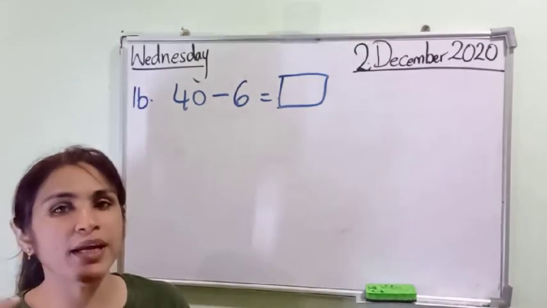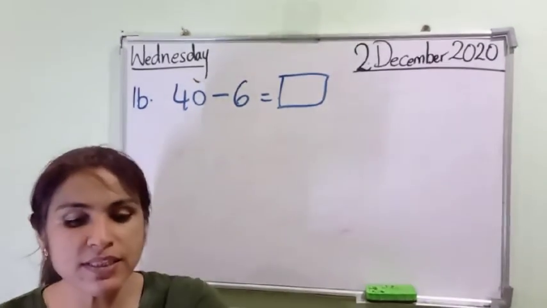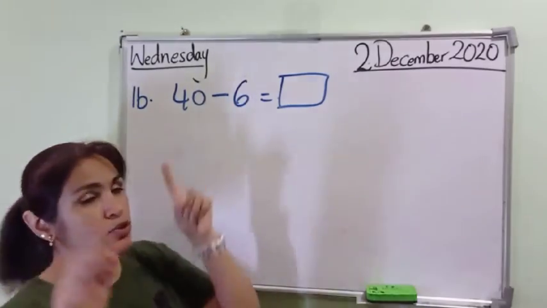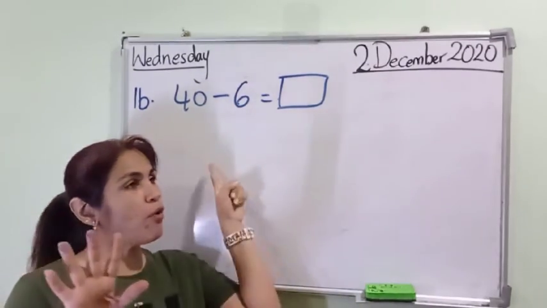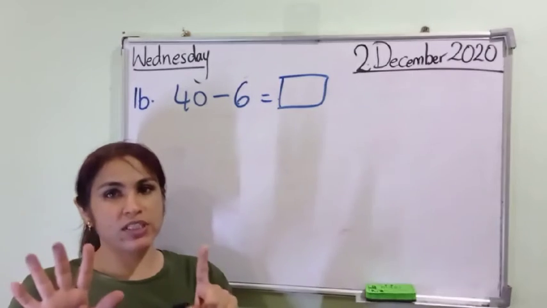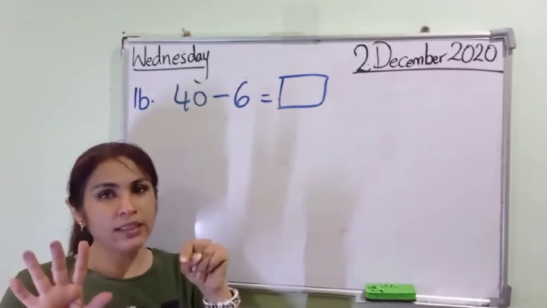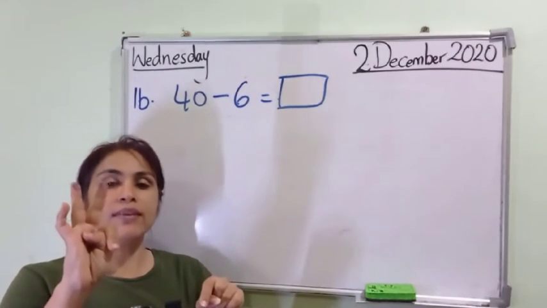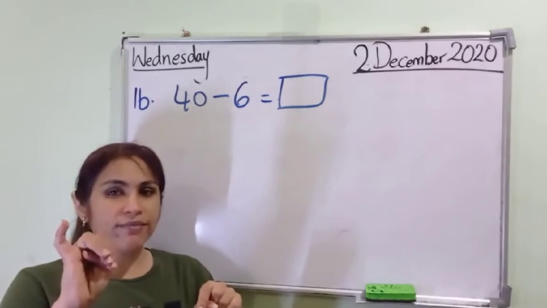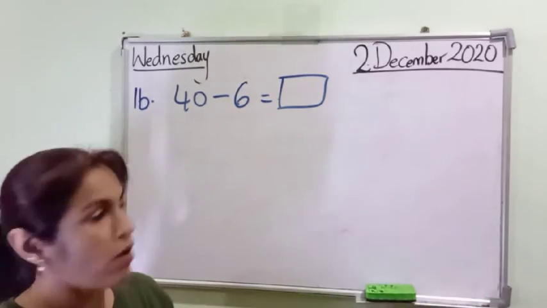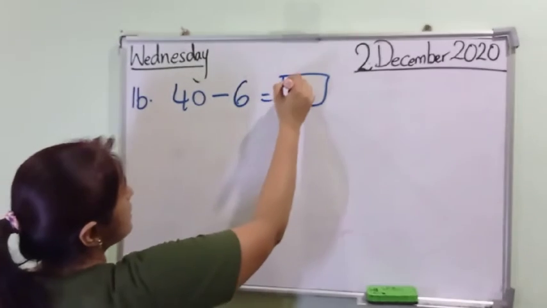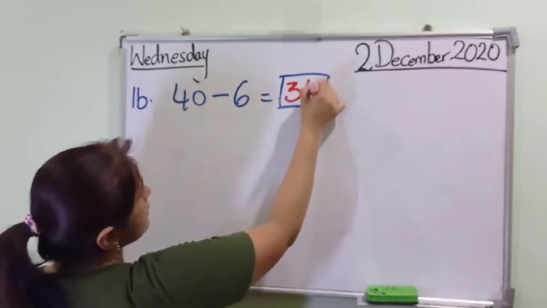Place 40 in your brain, hold up your 6 fingers. Now, this is a subtraction, so backward count from 40. Before 40 is 39, 38, 37, 36, 35, 34. Okay, so your answer here is 34.